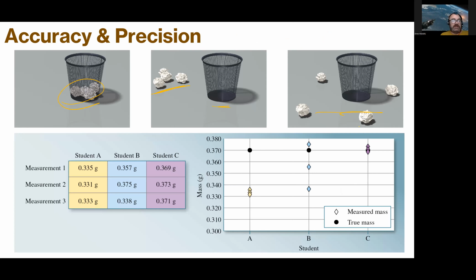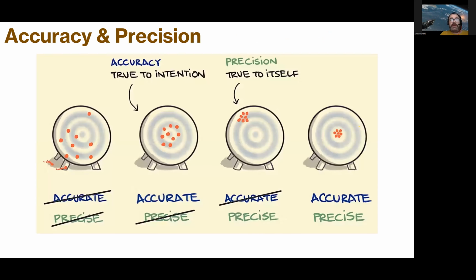Okay, here's some actual data here as we think through it. I found this graphic when I was looking for stuff, and I really liked how it said it. Okay, accuracy is true to the intention, right? How close are you to the real measurement? Precision is how close you are to yourself. So how true to itself is it? Okay. So obviously our goal when measuring stuff is being accurate and precise as we do it.